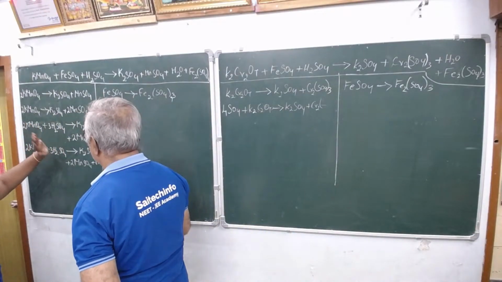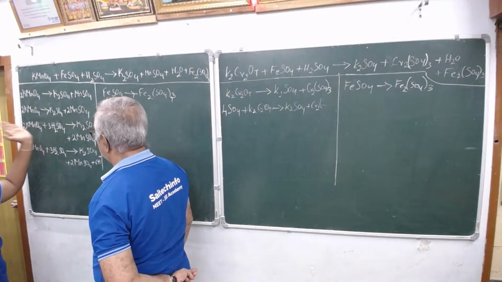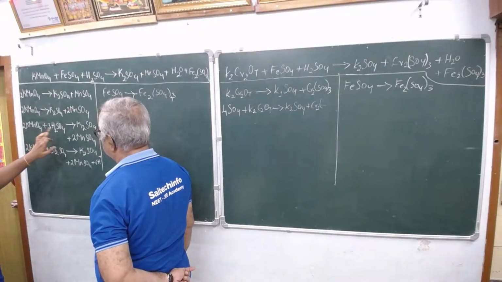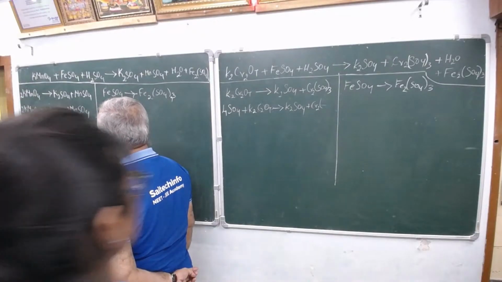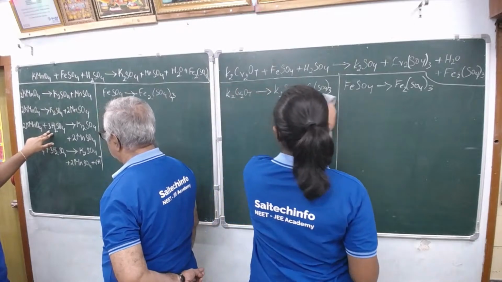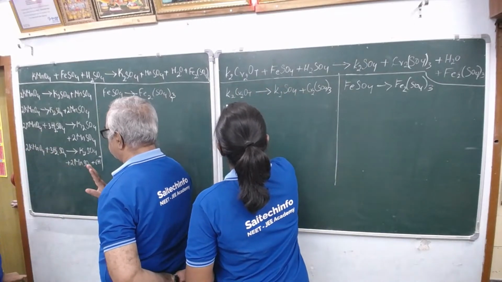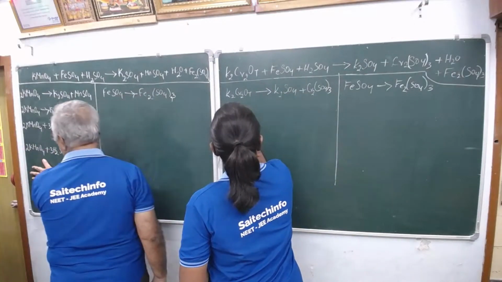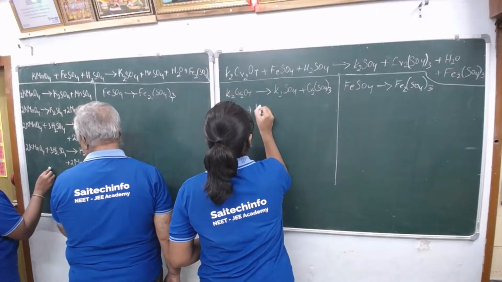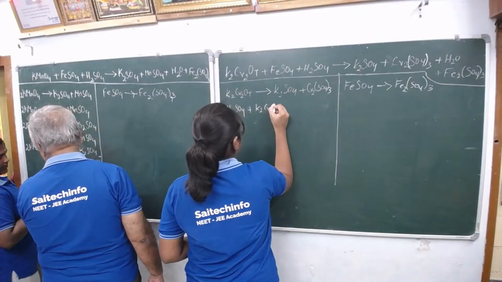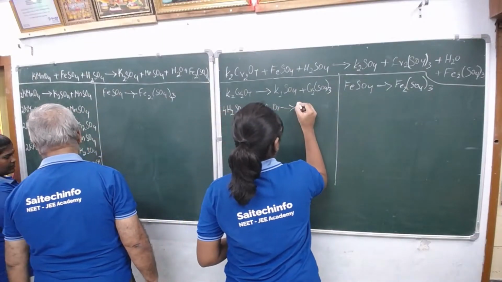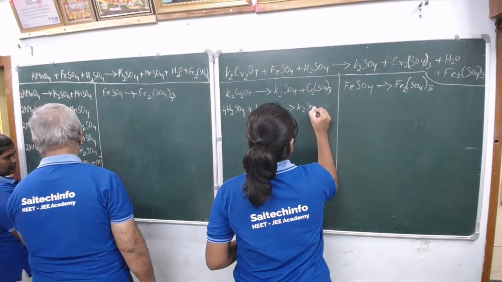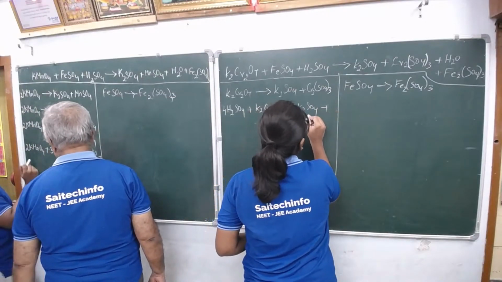To balance SO4, we need to add H2SO4 on the deficient side. To form this, we need to add hydrogen, so we are adding 6H plus. Now this side is 0, this is plus, so we want to add x on this side: 0 plus 0 H plus x is equal to 6. So we need to add 6 electrons.